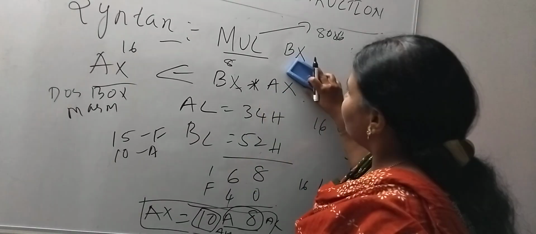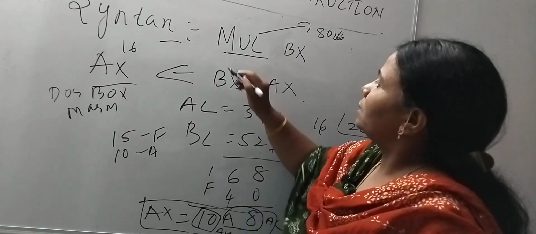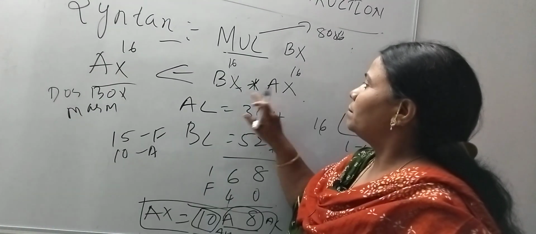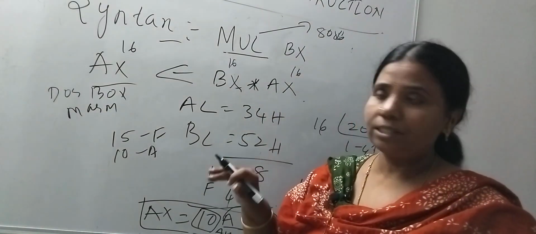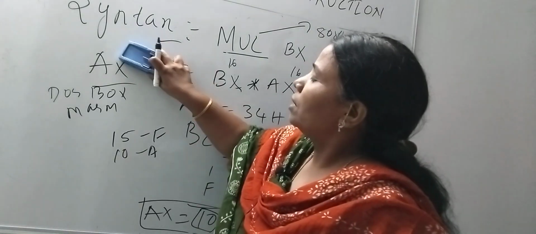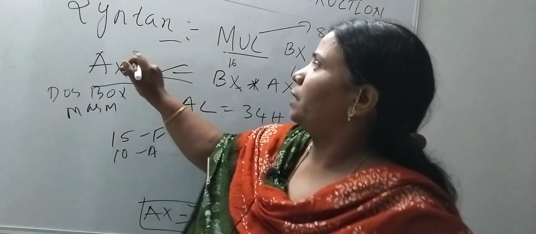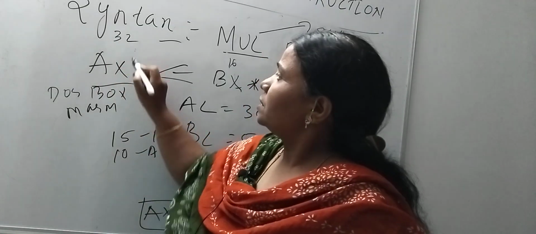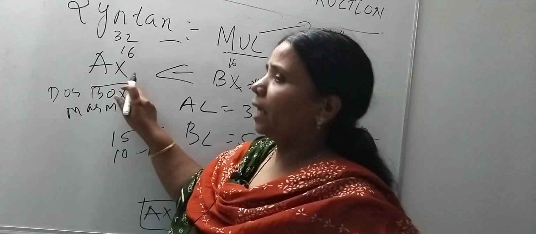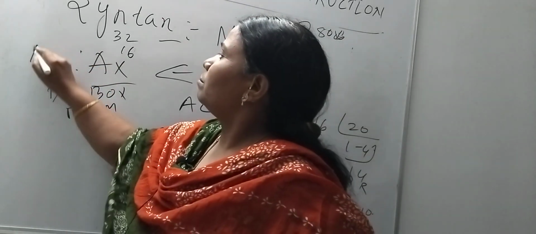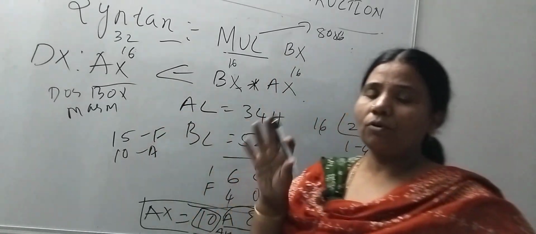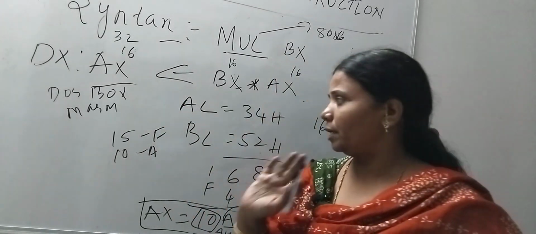BX is 16-bit and AX is also 16-bit. When 16-bit multiplication is done, the product is 32-bit. The first 16 bits will be stored in AX and the remaining 16 bits in DX. So AX and DX together hold the total 32-bit product value.